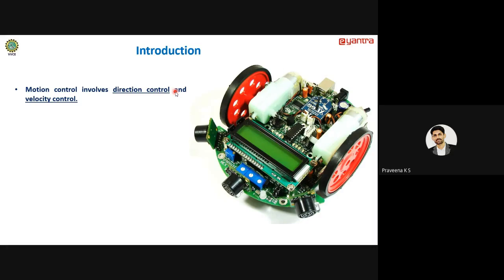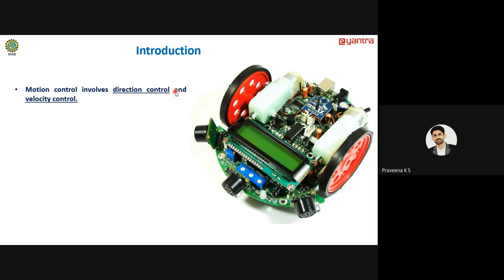And with respect to its speed, we have velocity control. So you can control at what speed it has to move, what distance, how long it has to move, right? You can define its velocity also. So how slowly or fast it has to move. All these things can be controlled using velocity control.